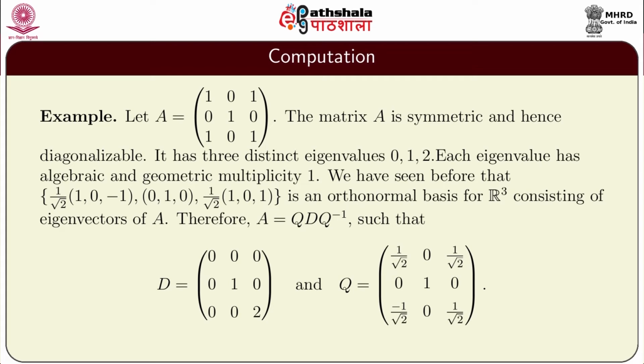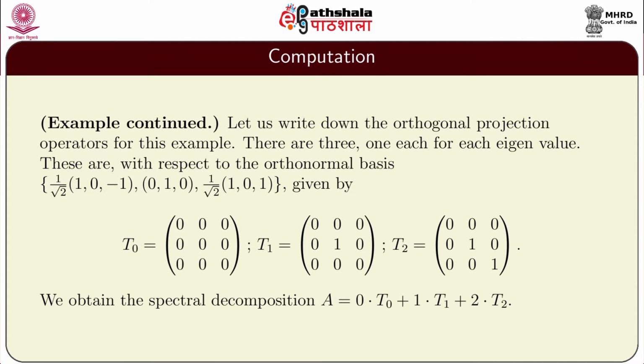Therefore, A is equal to Q D Q inverse, such that D is this diagonal matrix where the principal diagonal entries are nothing but the eigenvalues 0, 1 and 2, and Q is given by this 3 cross 3 matrix where the first row is 1 over root 2, 0, 1 over root 2, then 0, 1, 0, then minus 1 by root 2, 0, 1 by root 2. Let us now write down the orthogonal projection operators for this example.